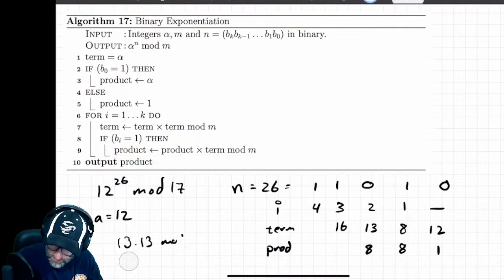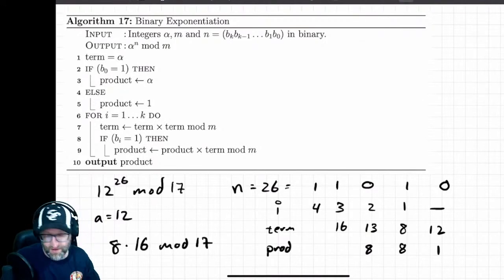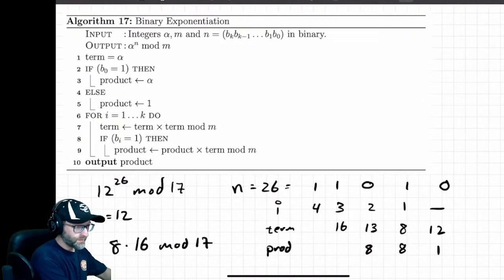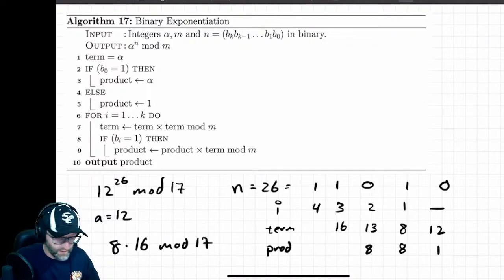This one's going to be a little bit more difficult to do in my head. 8 times 16 mod 17. And for that, I'm just going to go to Wolfram Alpha. 8 times 16 mod 17 is going to end up being 9. Yep, good.